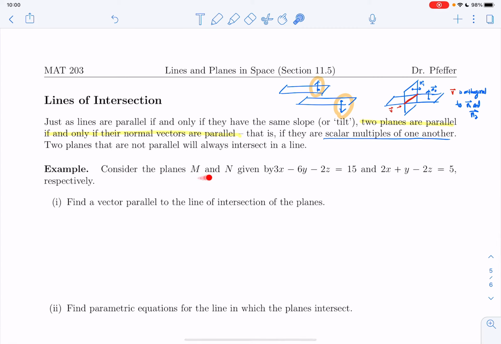Here are two planes given by this equation and that equation. For starters, find a vector parallel to the line of intersection. We're going to find that v. Well, let's observe the following.